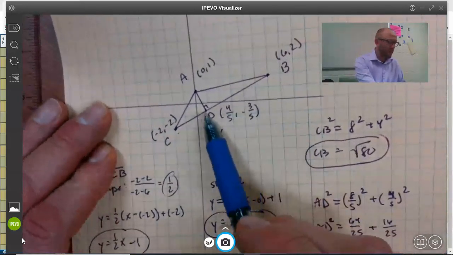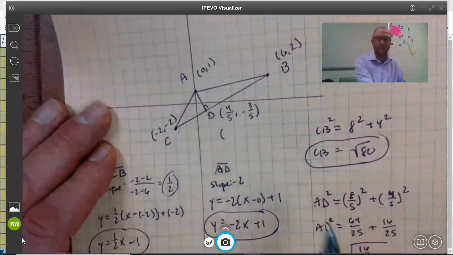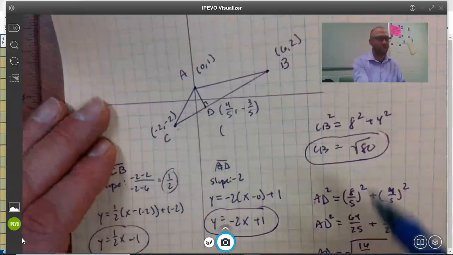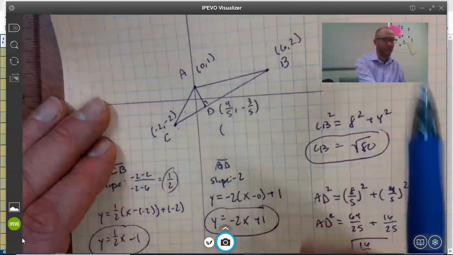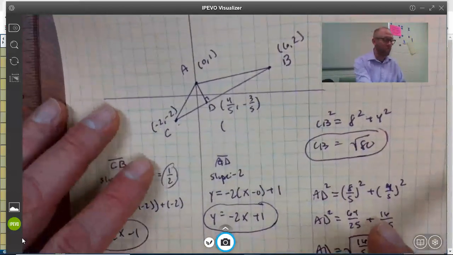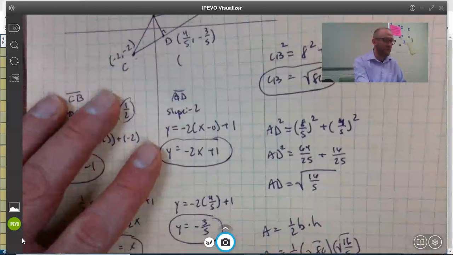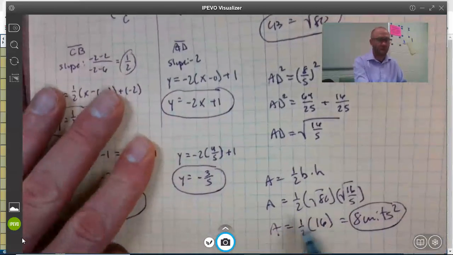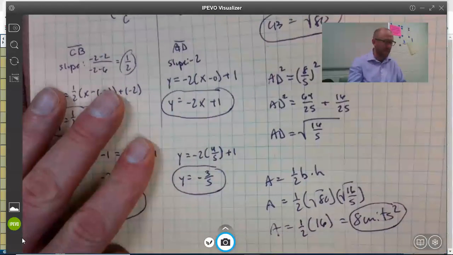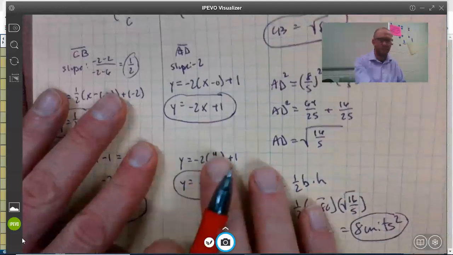Then, once you know that point, we find the distance between the two using the Pythagorean theorem or the distance formula. Then we find the distance from C to B, again with the Pythagorean theorem or distance formula. Then we just plug those two distances into the area of a triangle formula to get 8 units squared. But something doesn't look right. Anyway, maybe it is.